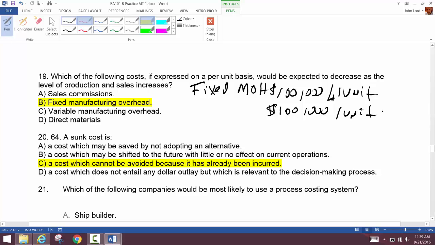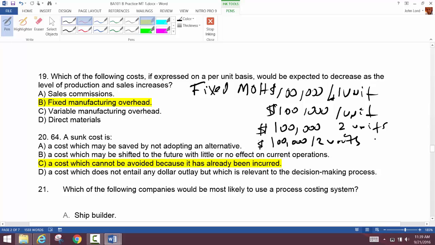Let's say my fixed costs stay the same at 100,000 regardless of the level of production. And now I produce 2 units. What's my fixed manufacturing overhead cost per unit? 100,000 divided by 2 units.